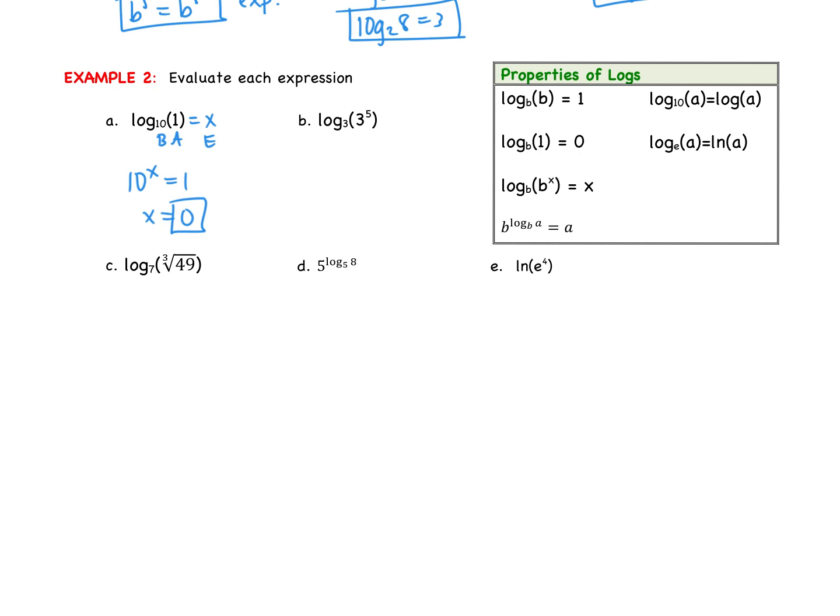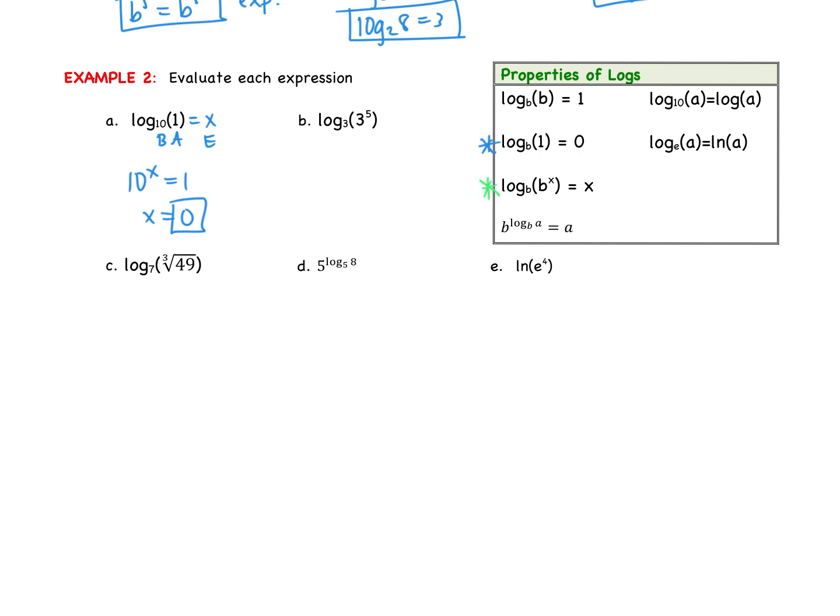Now, on the right, you see a table of properties. That first one relates to this second property. Any time the argument is 1, like it was here, doesn't matter what the base is, the log will always be equal to 0. Now, either you can remember that, or you can do exactly what we did in part A and go through the process. Okay, without going through that process, anybody have an idea of what b would be equal to using those properties on the right? 5. Yeah, 5.